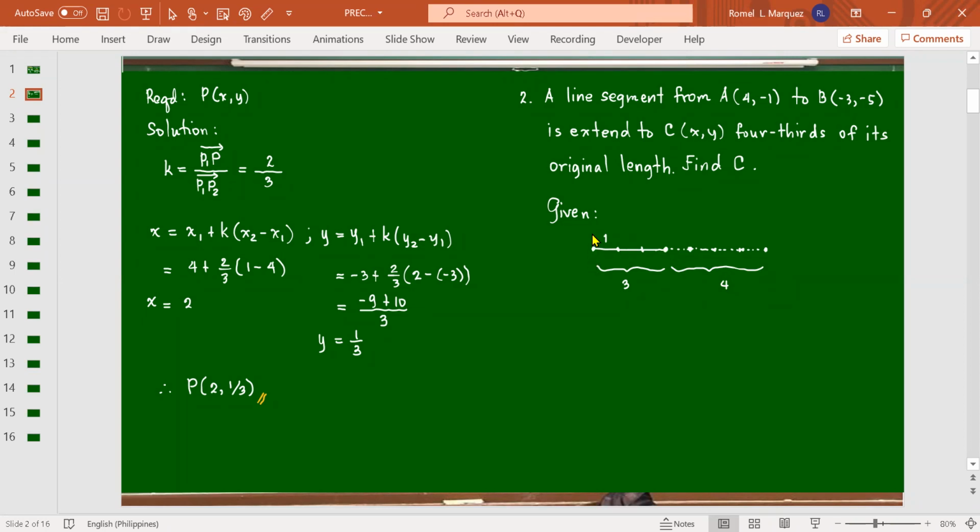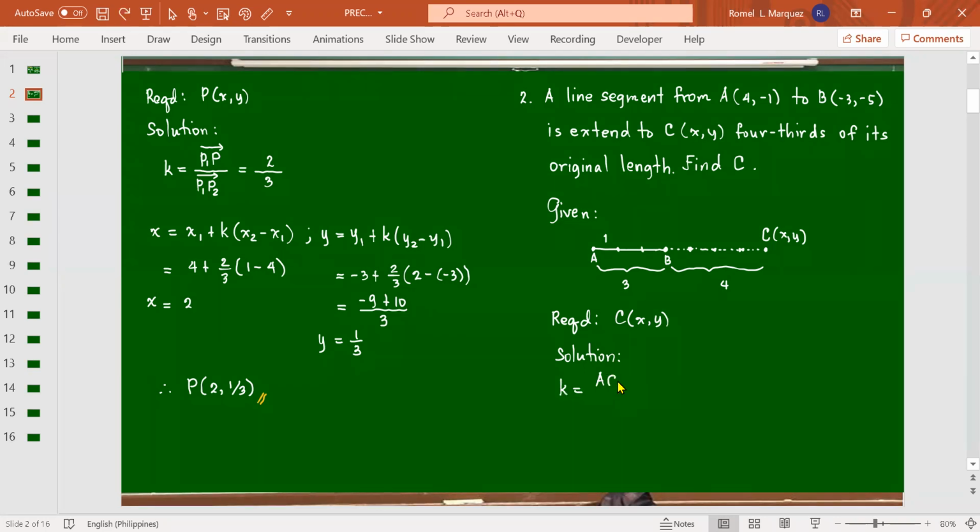So we call this first point, that is our A. Our B is our second point. And this is the point of extension. So we have to form what? K first, no? So we want our C. So how to form K, guys? K is equal to first point to the dividing point.